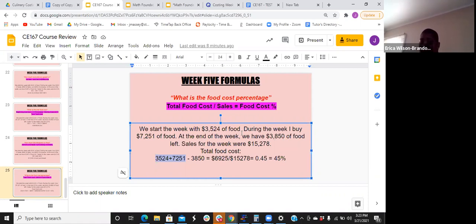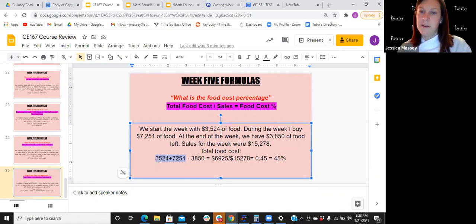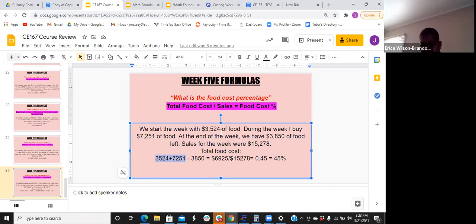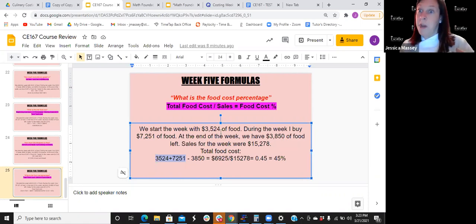Right, so you would add these two together, which basically gets you how much you start with plus how much you bought. So now this is how much total we got. And then you subtract what you have left, because this ending inventory is still in your pantry. You're still going to use it next week. So you can't factor that in as part of your food costs because you're still going to use it later on.